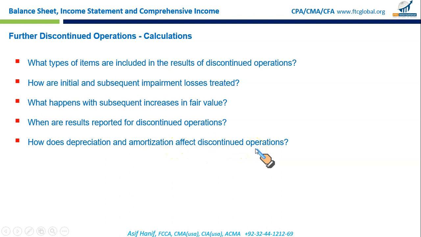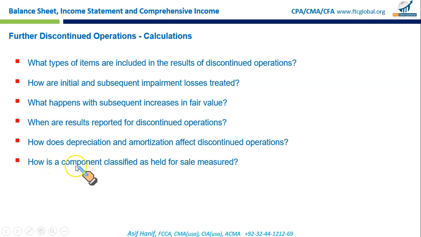Please note, once a decision is made to dispose of a component, it is no longer depreciated, it is no longer amortized. For example, if a building part is being discontinued and it was previously depreciated for, let's say, $20,000, this depreciation stops once you have decided to dispose of this segment.